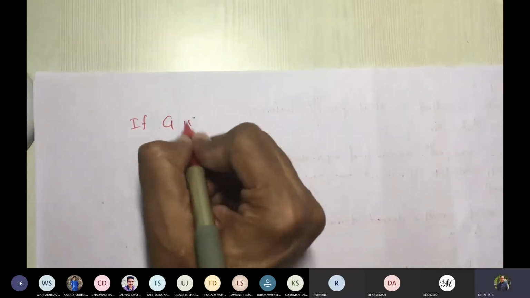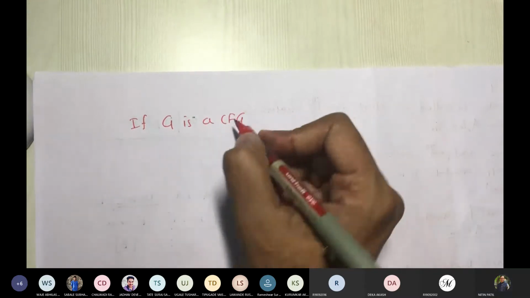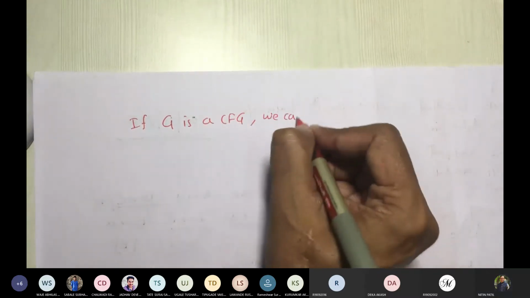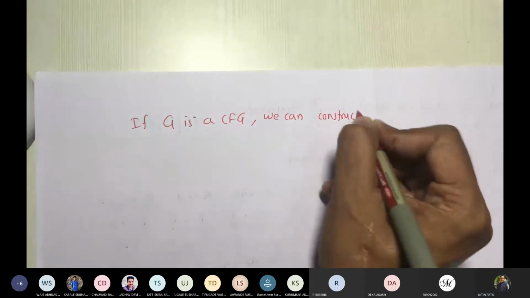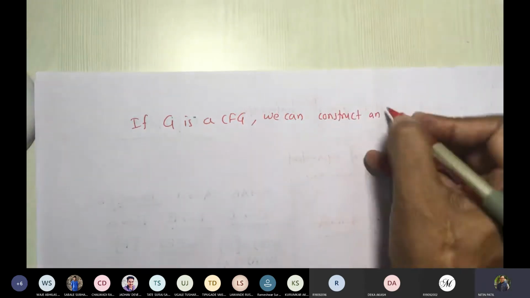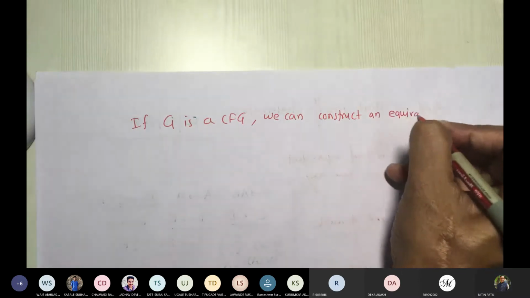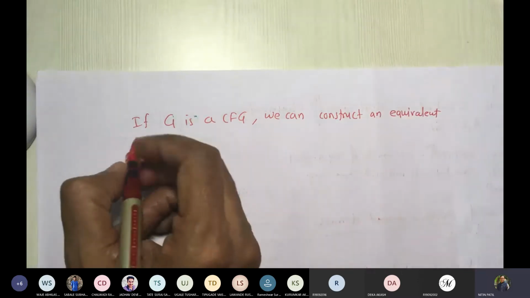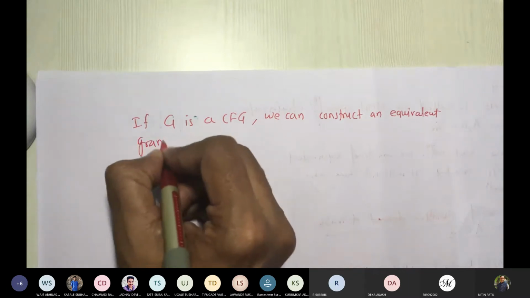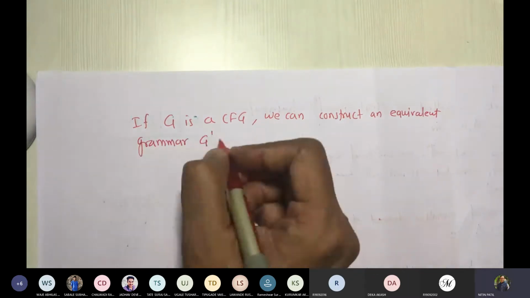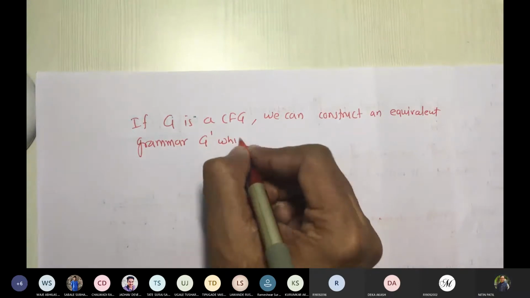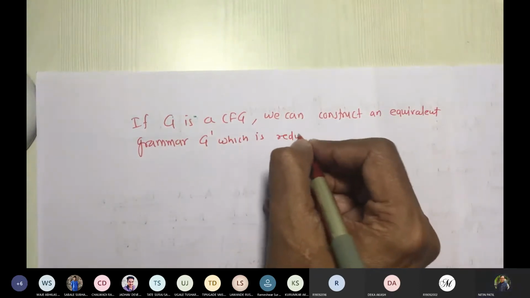Now, let us say that we have been given a grammar which may contain all of these together. What is to be done? So we are saying if G is a CFG, we can construct an equivalent grammar G dash, which is reduced, and has no null productions or unit productions.